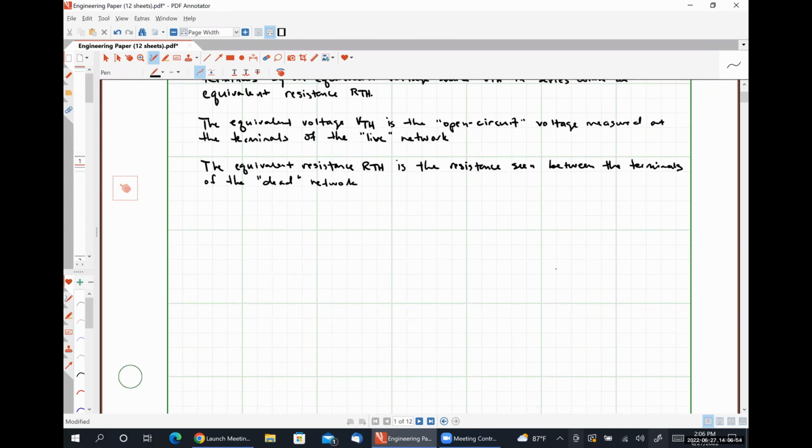Our circuit of interest will be this guy where we have a 10-volt source connected to a 10-ohm resistor. Here is a 5-ohm resistor. Here is a 1-amp source. And here are a pair of terminals.